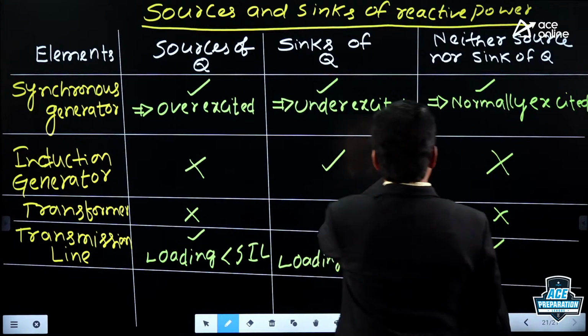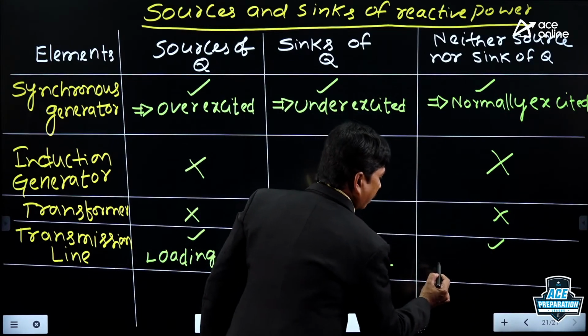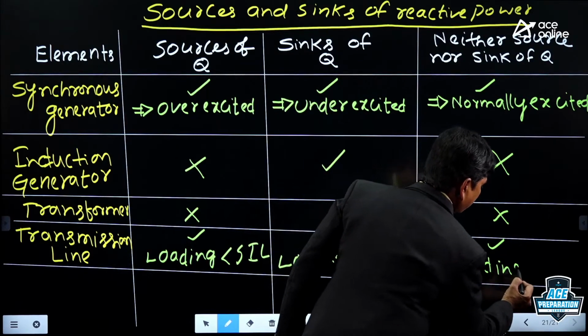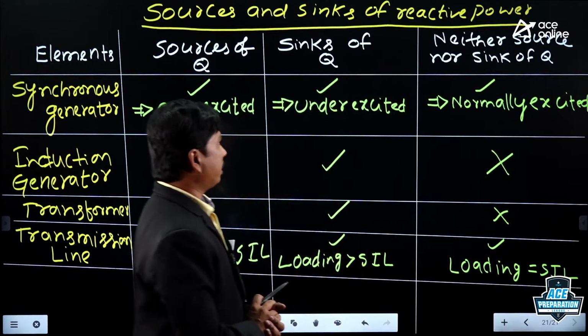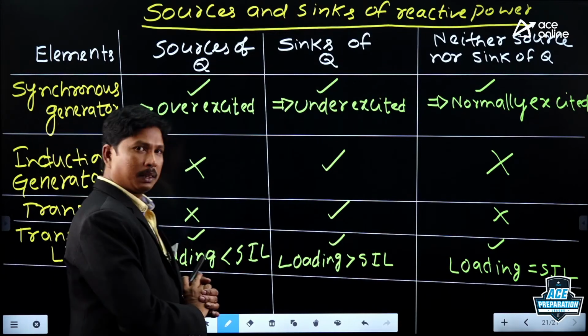And it is neither source nor sink of reactive power whenever the loading is exactly equal to the surge impedance loading. So all these operations are possible in case of the transmission line.